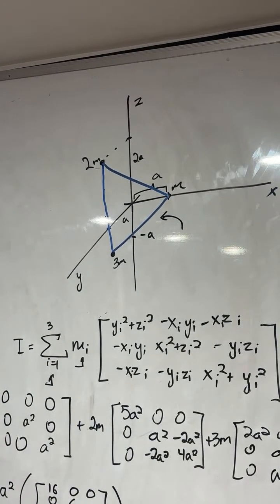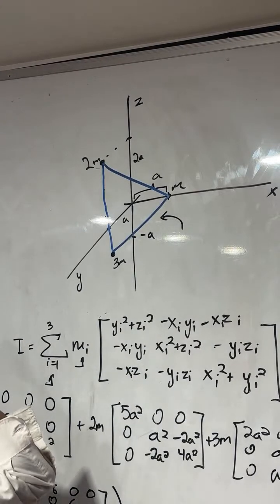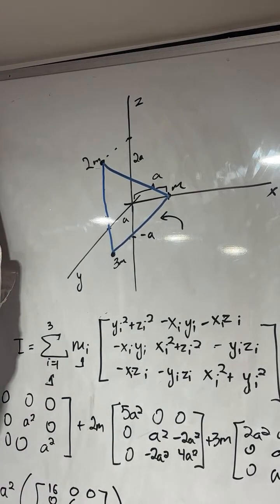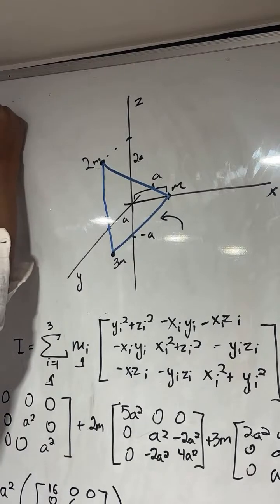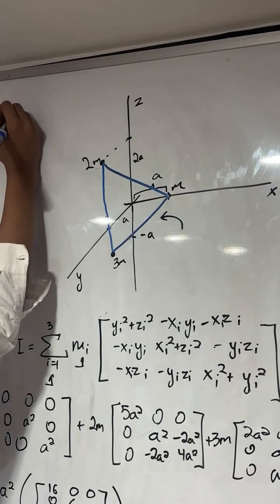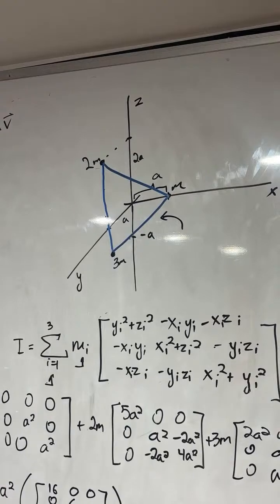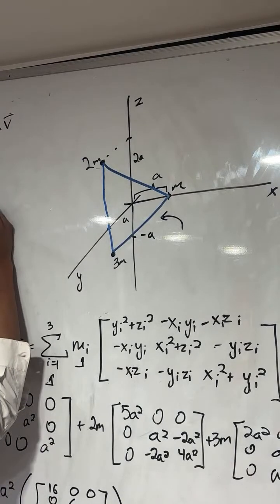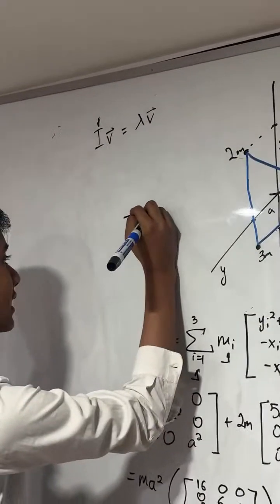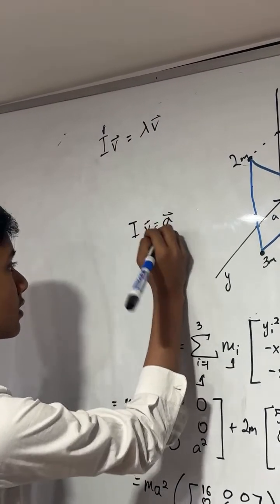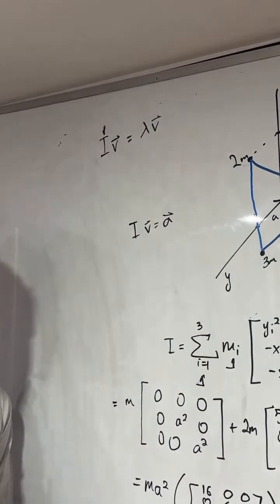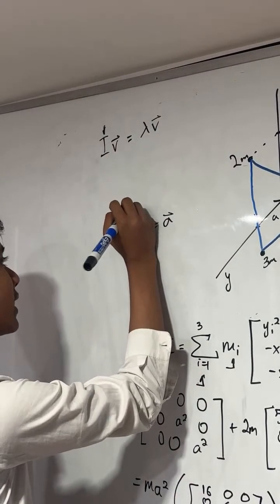Well, to do that, we first need to find its eigenvalues, which can be found using the equation I multiplied by a vector is equal to lambda multiplied by a vector. Now, the key here is to realize a matrix multiplied by a vector is another vector. So, what happens if that matrix is square?